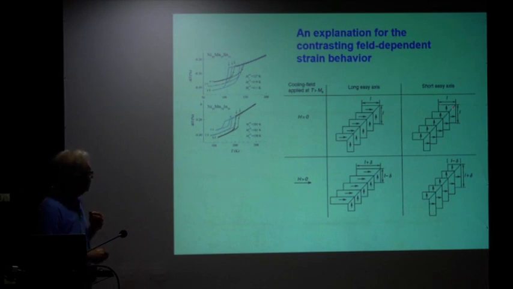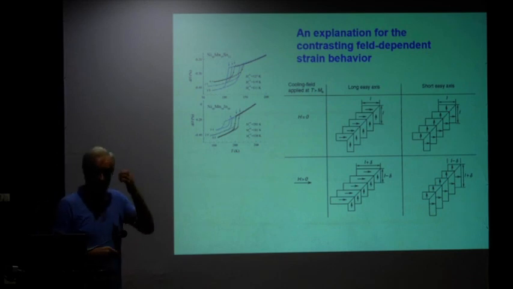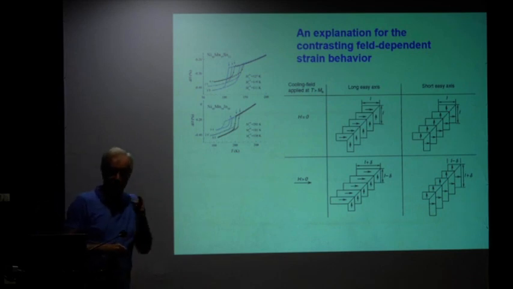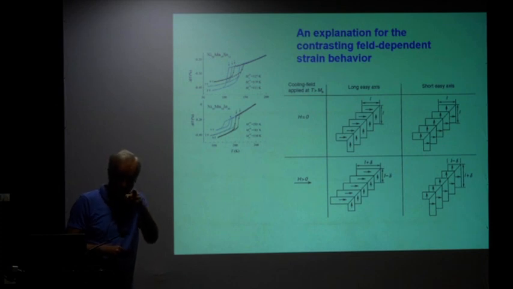If your easy axis is short and you're going through the Martensitic transition temperature with the field along the strain measurement direction, then you are selecting variants, or nucleating variants, that have a short axis along the field direction.